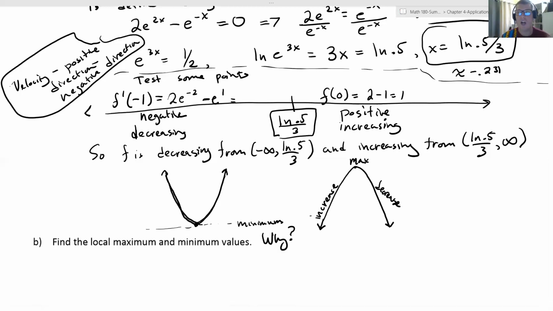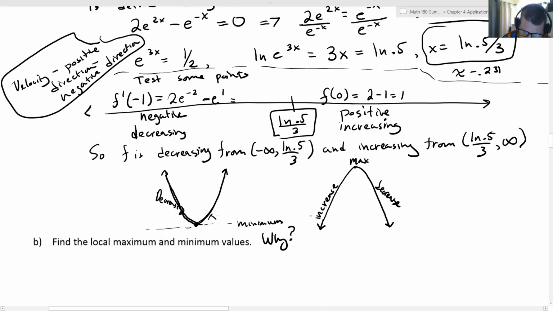Well, it's not a parabola, we already established that because it's not an x squared. We want to visualize what it is. And it's not exactly an x cubed either because we've got that e to the x function. What we do want to see is that on the negative side of natural log of 0.5 over 3, we're decreasing.